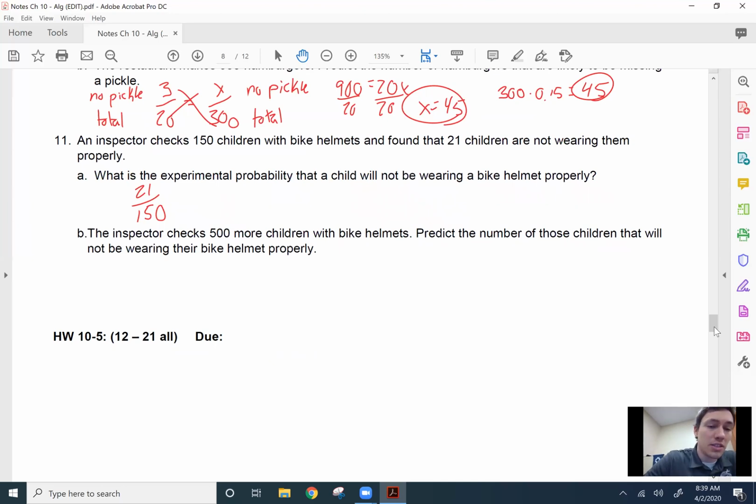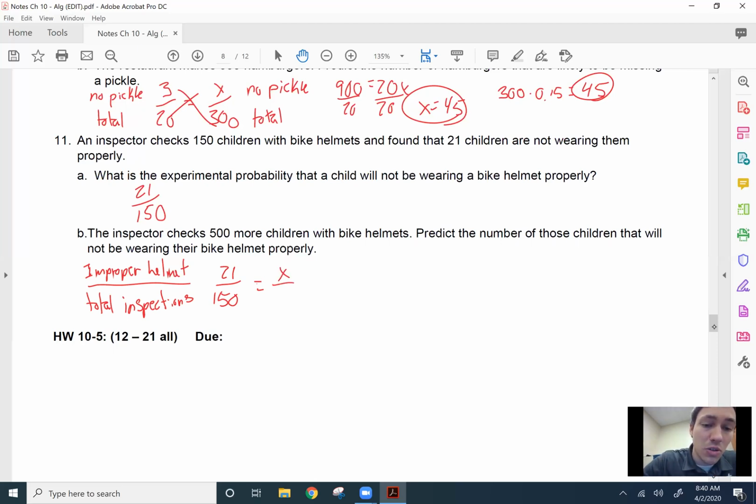Again, I can think of this as a proportion where I make it improper helmet over total inspections, which again is 21 over 150 equals, and it's asking how many will not be wearing a bike helmet properly.